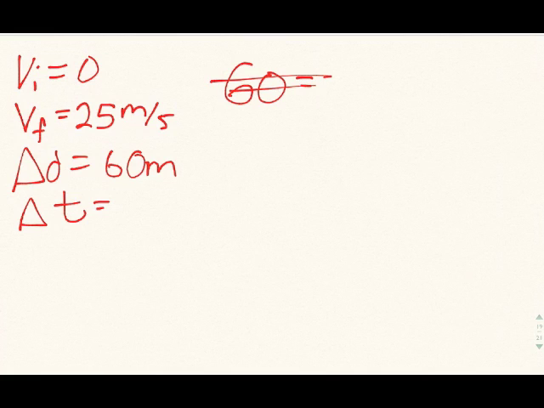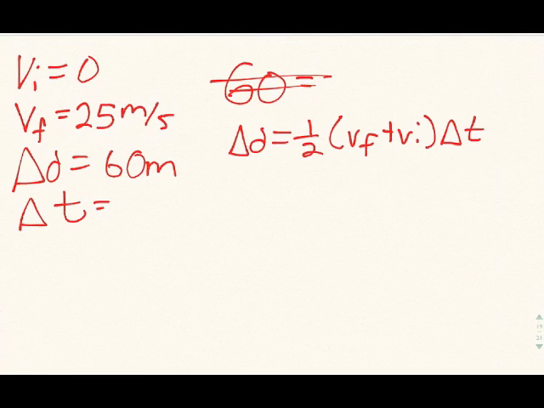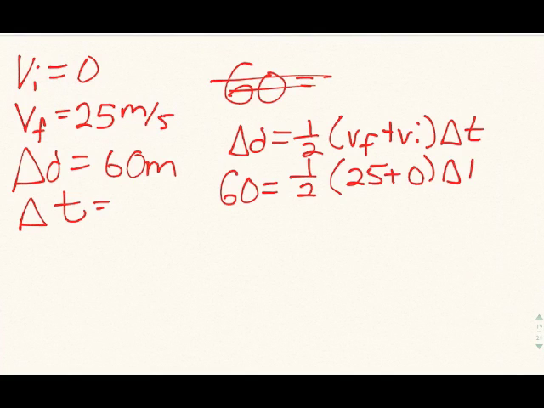So when we set this one up, let's go ahead and write our formula first so we know what we're doing. We can say delta D equals 1/2 (VF plus VI) delta T. So now we plug our numbers in here, and we would say 60 equals 1/2 of (25 plus 0) times delta T. 25 plus 0 is still 25.